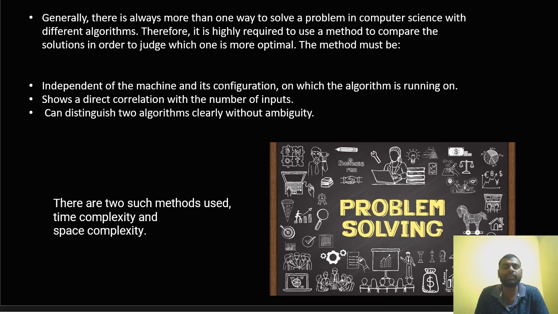The method must be independent of the machine and its configuration on which the algorithm is running, and show a direct correlation with the number of inputs, so it can distinguish algorithms clearly without ambiguity. There are two such methods used: time complexity and space complexity.